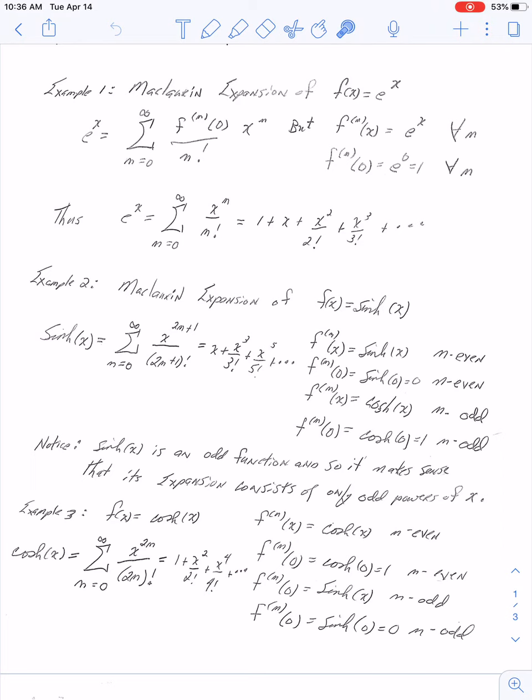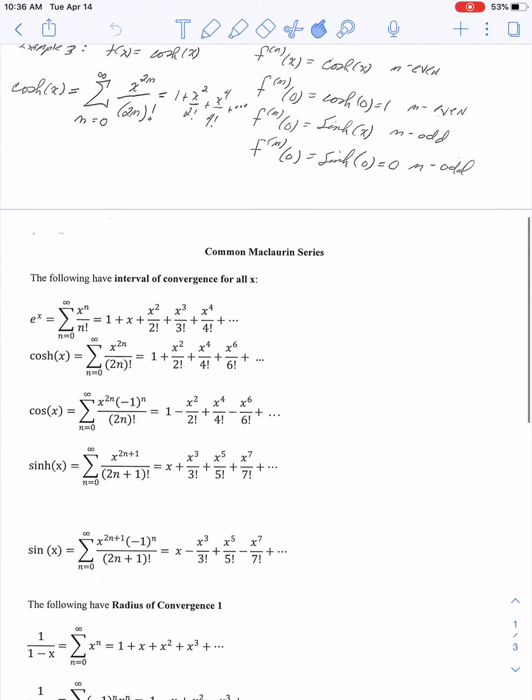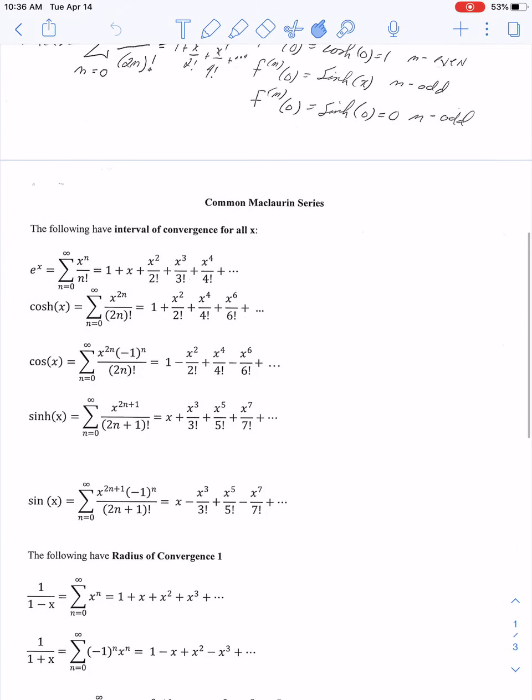All right. Now, I can do that with all of my common functions. So what do I get? Well, I get what I call the common Maclaurin series expansions. And you really should know these.